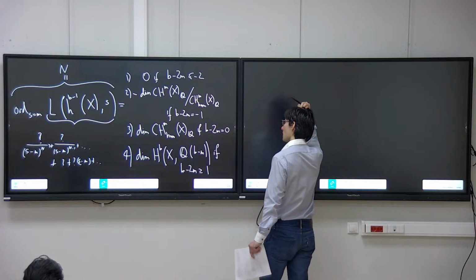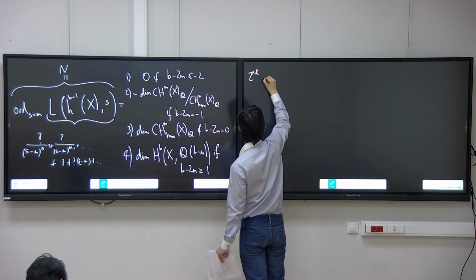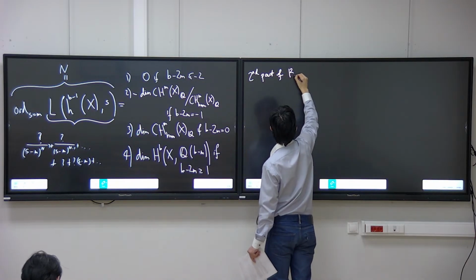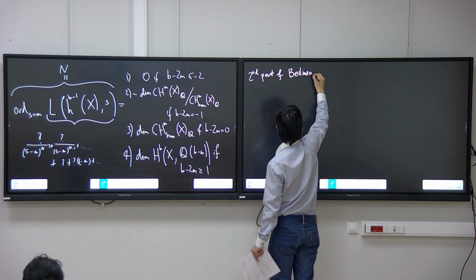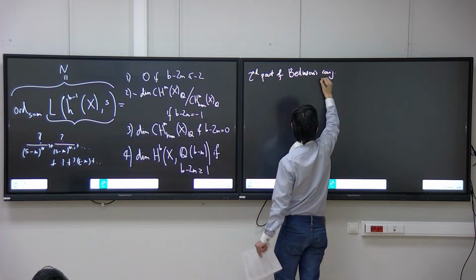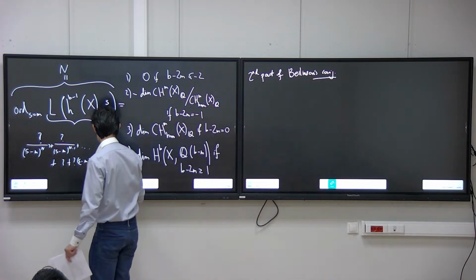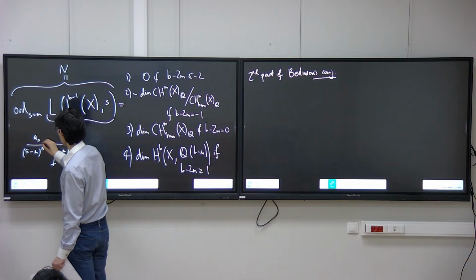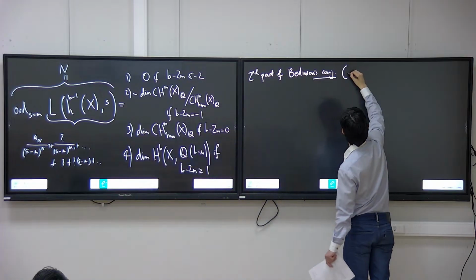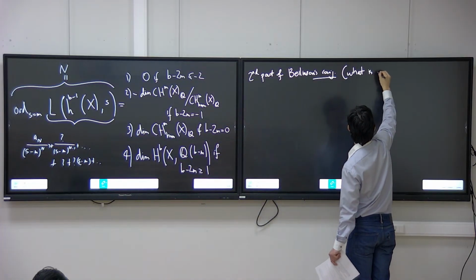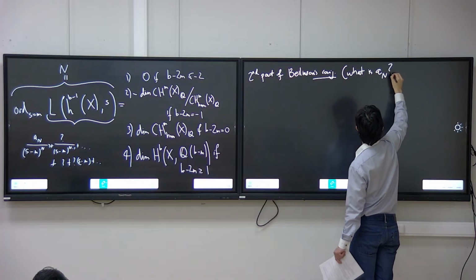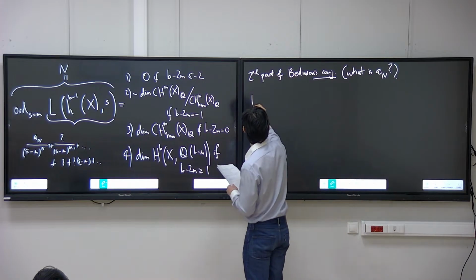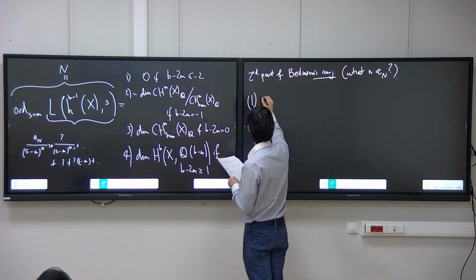And the second part of Beilinson's conjecture, so that's the first part, is what is this number here? What is the leading term? And the situation is as follows. Again, there are many cases.